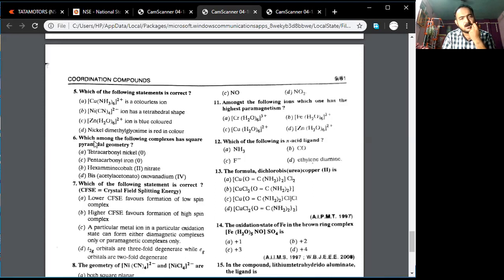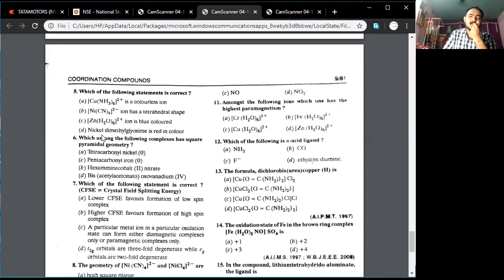In case of this one, this is a very important complex, nickel dimethylglyoxime. It is also known as dimethylglyoximato nickel(II). Generally, in your laboratory, when you want to confirm the nickel +2 ion, you will do this kind of test.